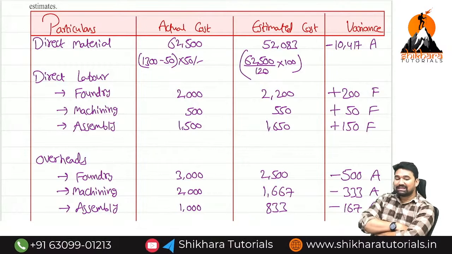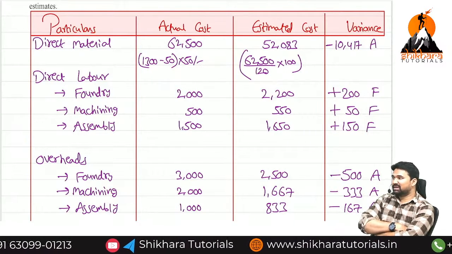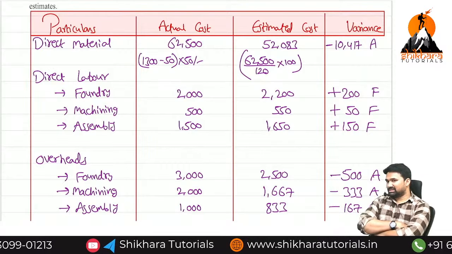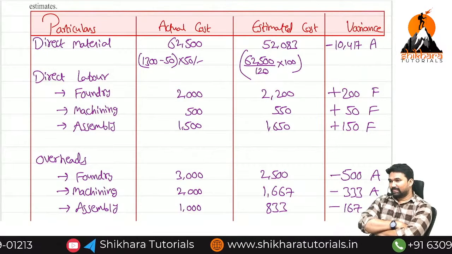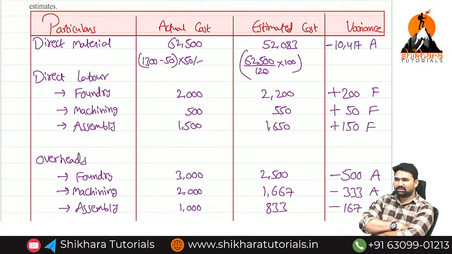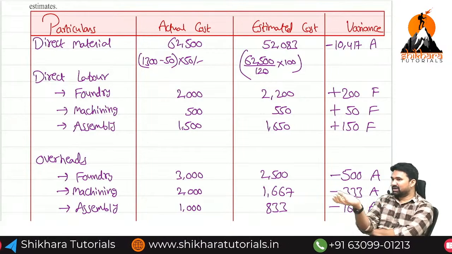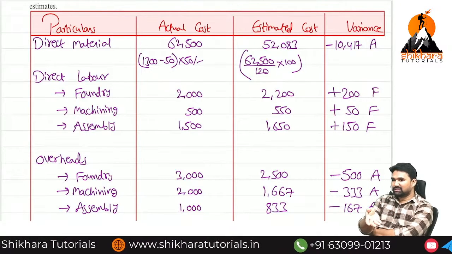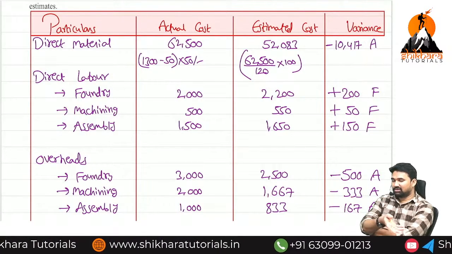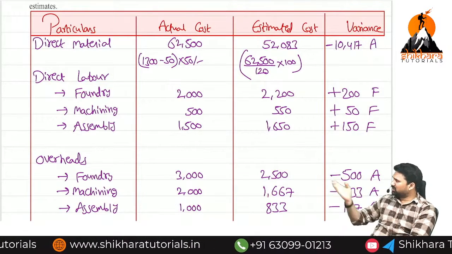Why? Because this problem doesn't talk about the cost sheet aspect. It is talking about variances. Do you draw a cost sheet in this answer? Where is the cost sheet here? Cost sheet means direct material, direct labor, prime cost, overheads, cost of production, cost of sales. Profit will be there. Where is profit here?